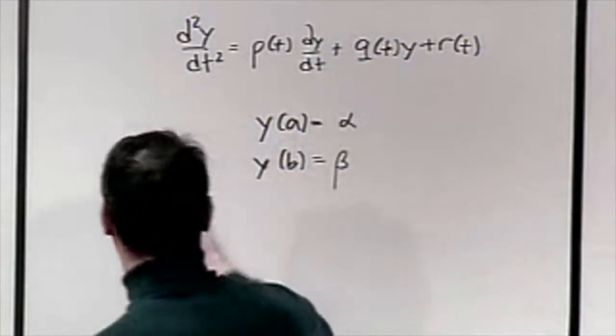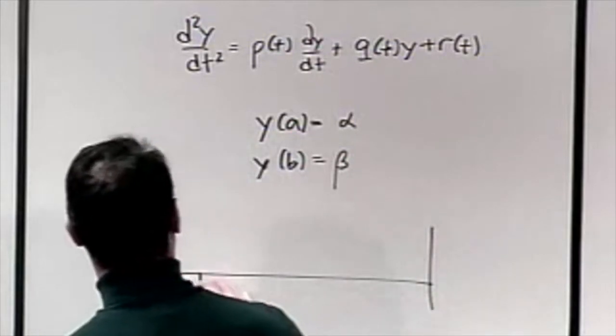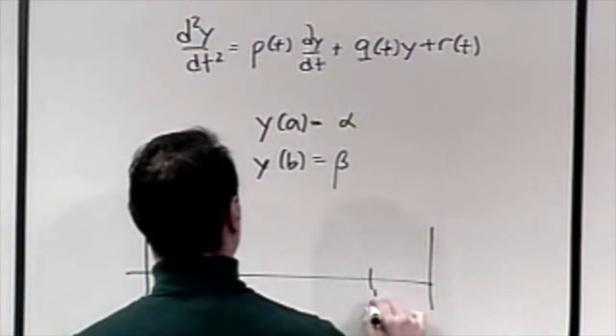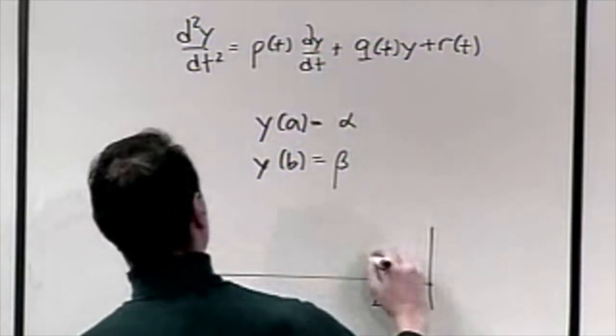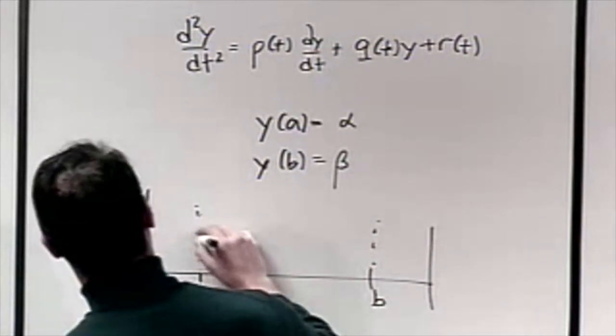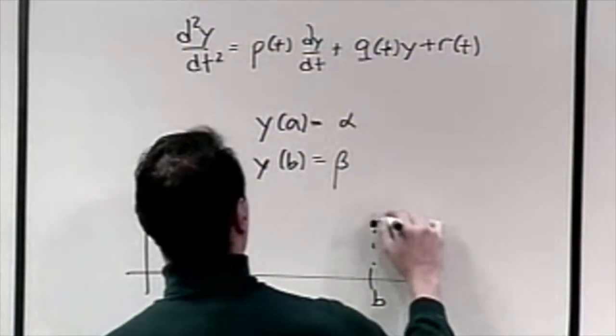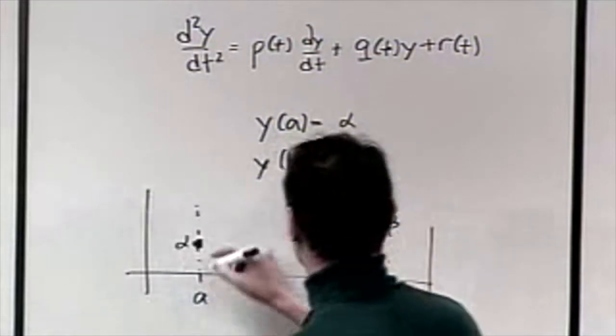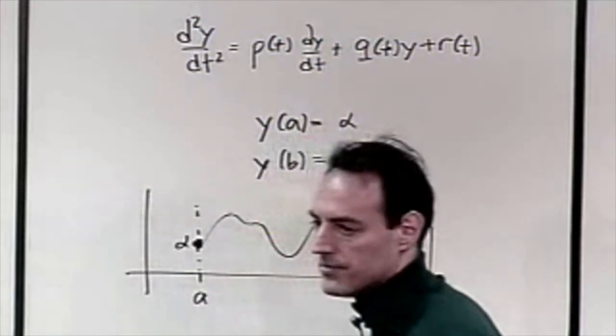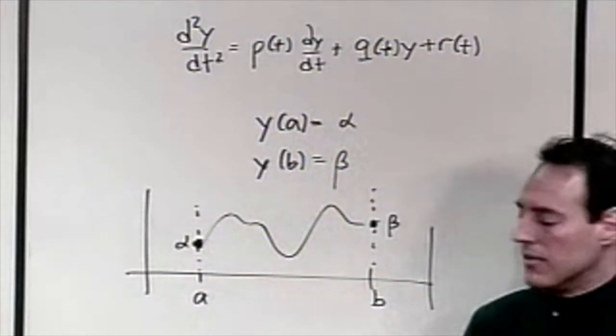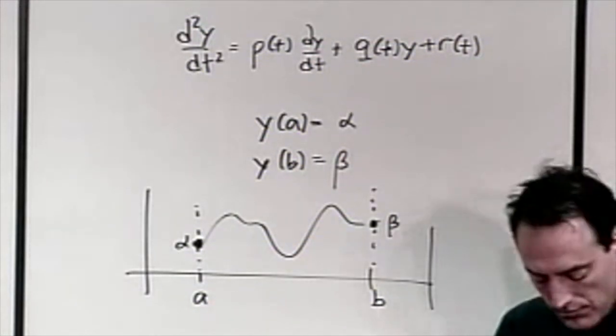So I'm going to linearize, on some interval a to b. My solution has to be here at some value alpha, over here at some value beta, and in between it's doing something, and I want to solve for that. Okay.